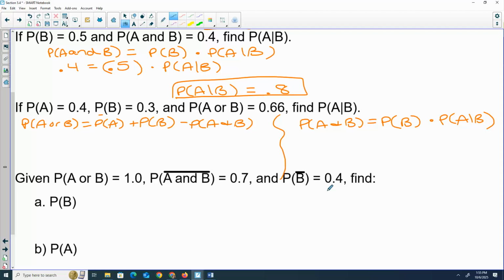This one is going to take a couple formulas to get there. So A or B is 0.66. Probability of A is 0.4. Probability of B is 0.3.